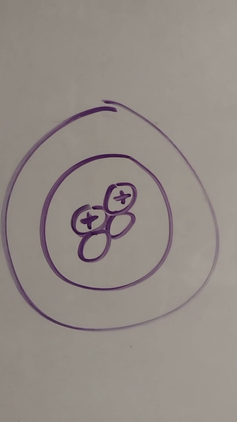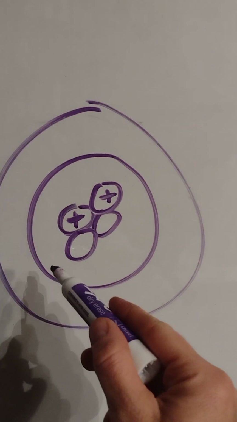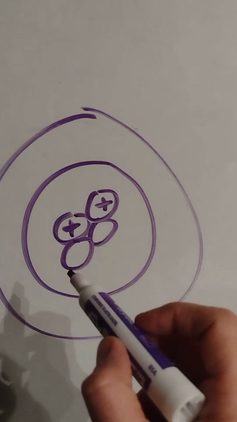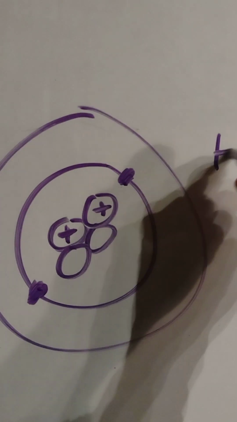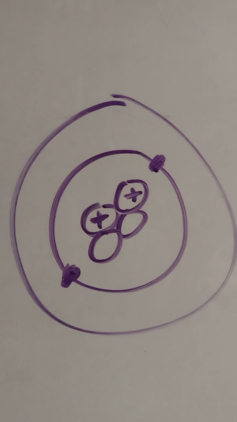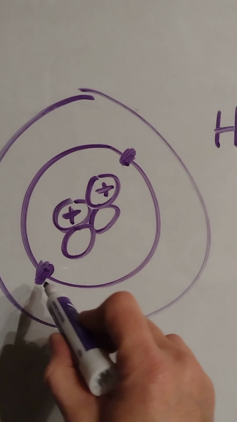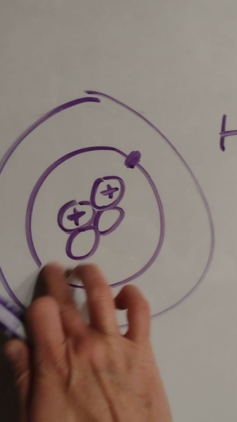Okay, let me just talk about the ground state. Remember, this is just a model. The electrons aren't perfectly in this circle. So let's do 2 protons, so 2 electrons, which would make it helium. Then let's say some energy excited one of these electrons and it gets bumped out to an outer energy level.